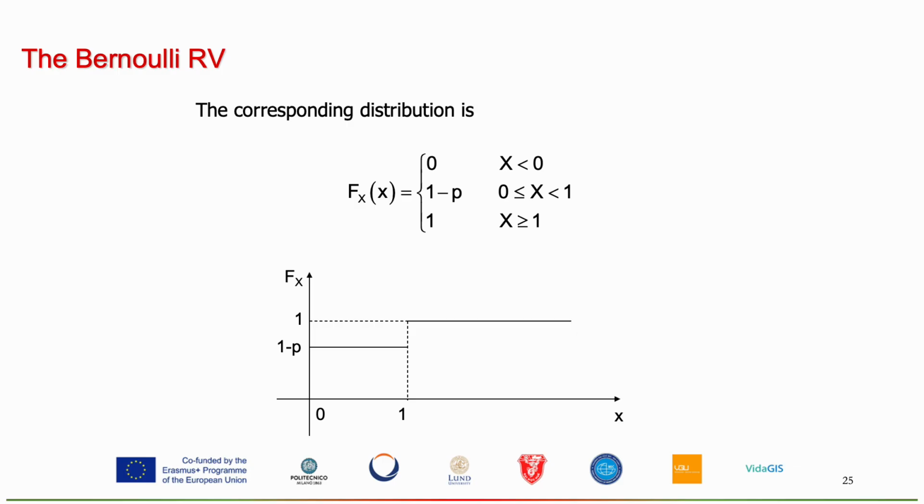So at 0, the cumulative distribution has a discontinuity of exactly 1 minus p. Then it doesn't change until 1, so it remains constant, equal to 1 minus p. And then we have a new discontinuity because we have to add the probability of x equal to 1. The probability of x equal to 1 is exactly p, so the cumulative function after 1 is 1 minus p plus p, that means 1.